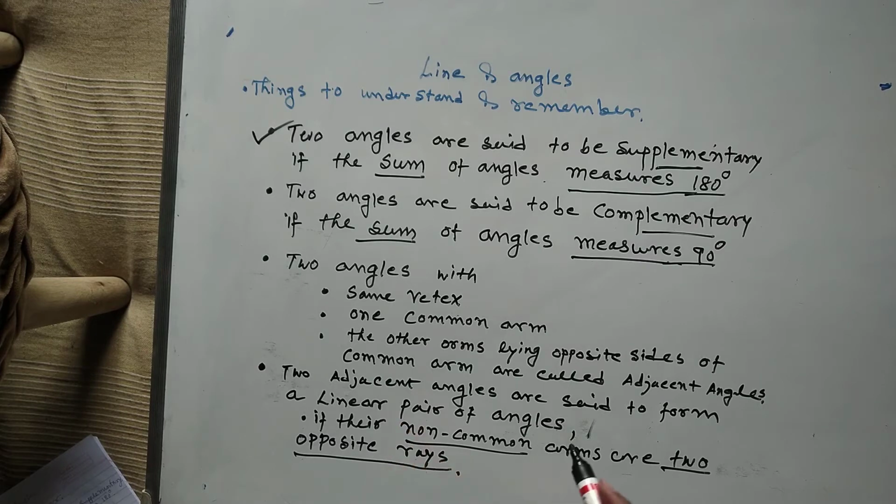Two adjacent angles are said to form a linear pair of angles if their non-common arms are two opposite rays. Remember it: two adjacent angles are said to form a linear pair of angles if their non-common arms are two opposite rays.